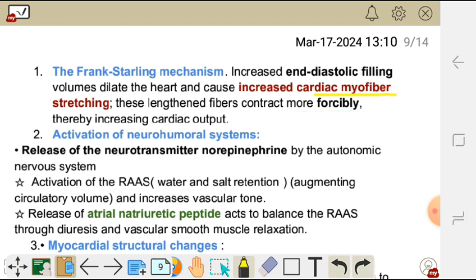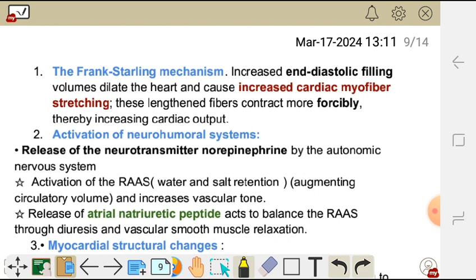Now the stretched myofibers will lengthen the actin filaments, and the sarcomere will be lengthened. So once it is lengthened, the contraction will be more forceful, and if the contraction is more forceful, the cardiac output will be increased. So that is a compensation, and more blood will be supplied to the tissues.